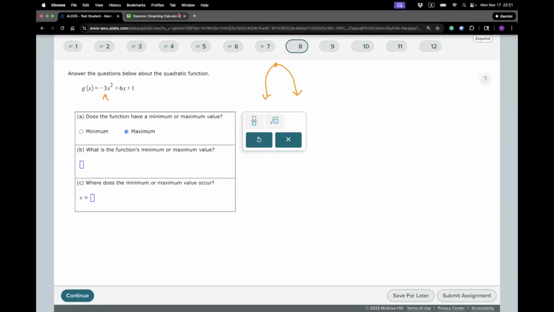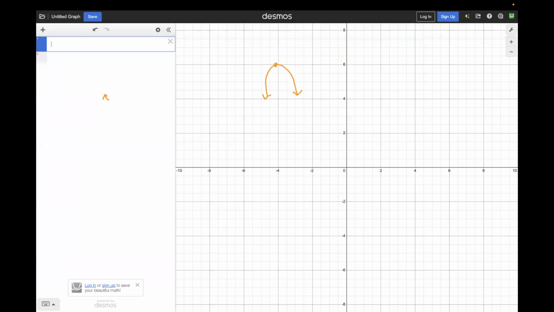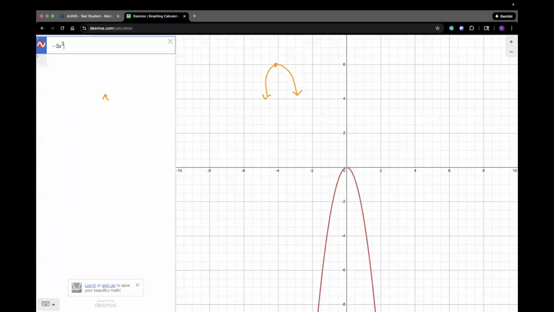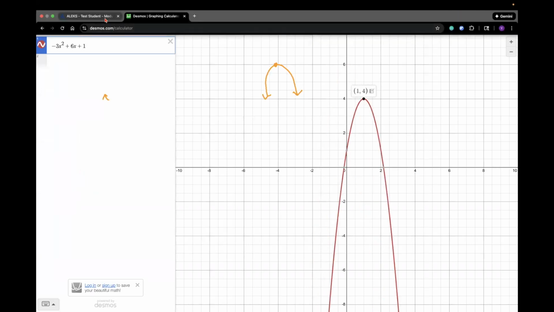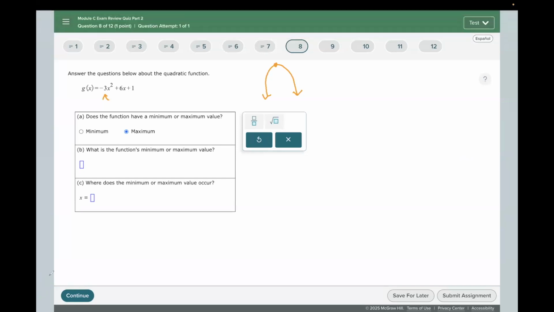So we have, let's see, negative 3x squared plus 6x plus 1. All right, so here's the maximum. It happens at 1, 4. So max at 1, 4. So what is the function's minimum or maximum value? Well, that's 4. Where does it happen? Well, when x is equal to 1.